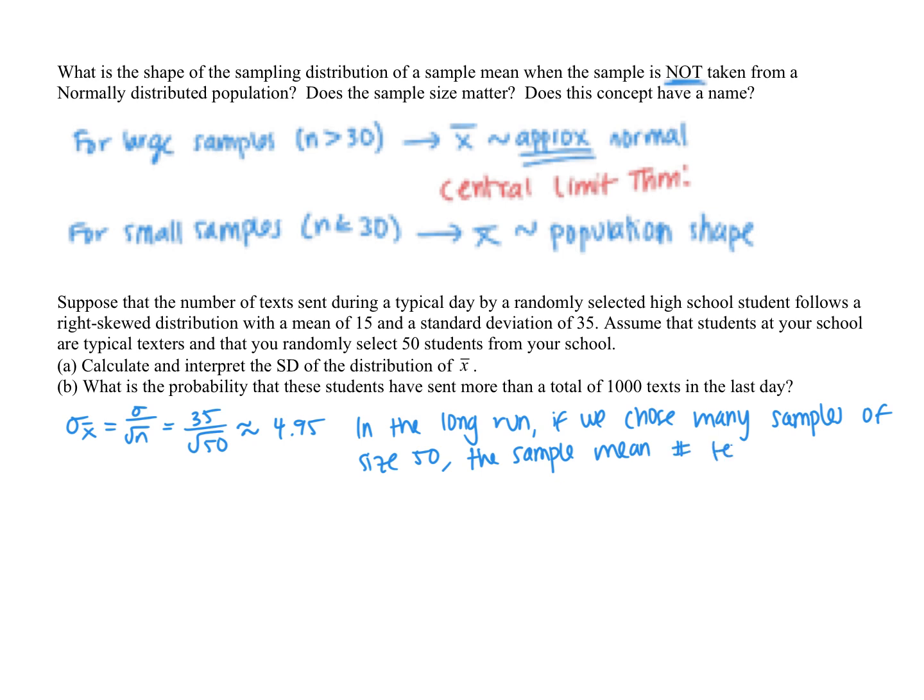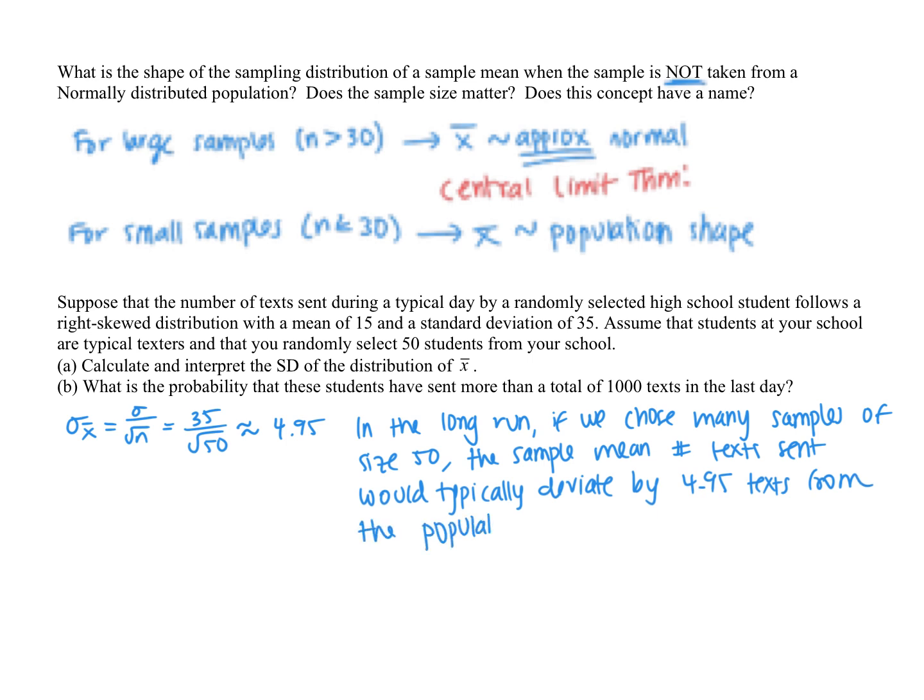number of texts sent would typically deviate by 4.95 texts from the population average number of texts, which is 15.